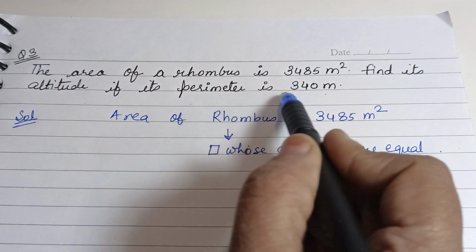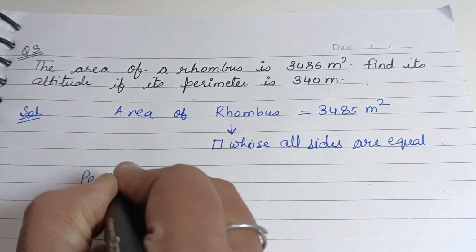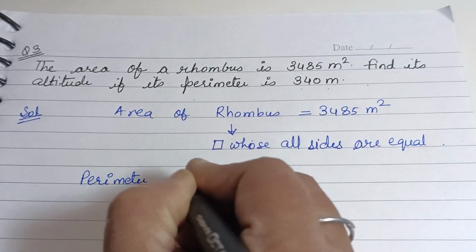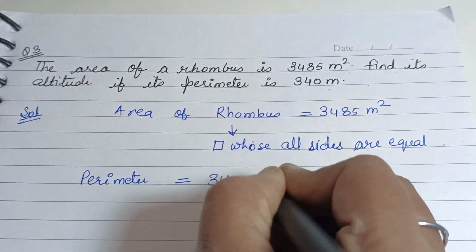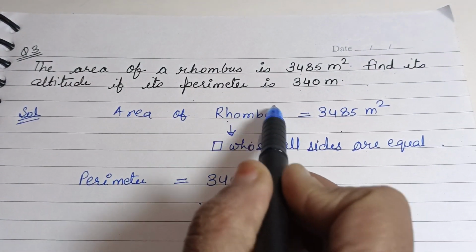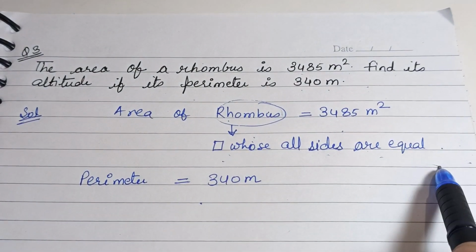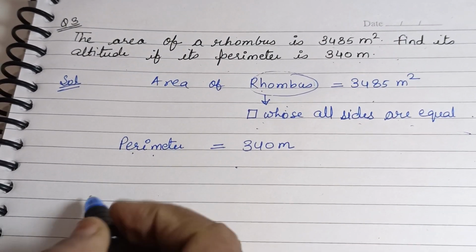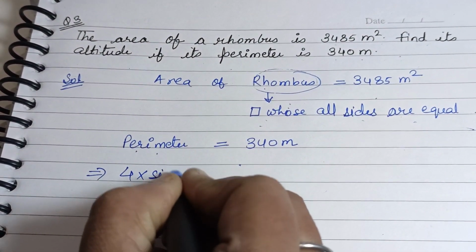Find its altitude if its perimeter is 340. So perimeter, neither I know the base, I know only perimeter is 340 meter. I know the area, I know the perimeter. Now with the word rhombus, I know its property that all sides are equal. All sides are equal, that means perimeter ka formula, what it will become? 4 into side.